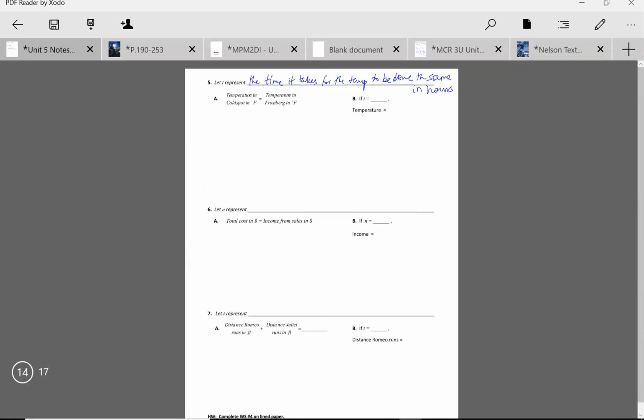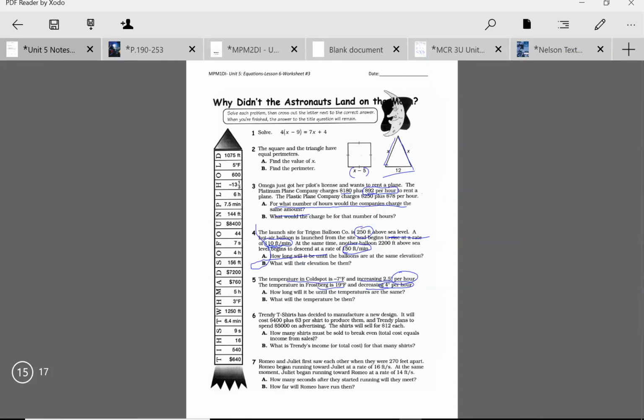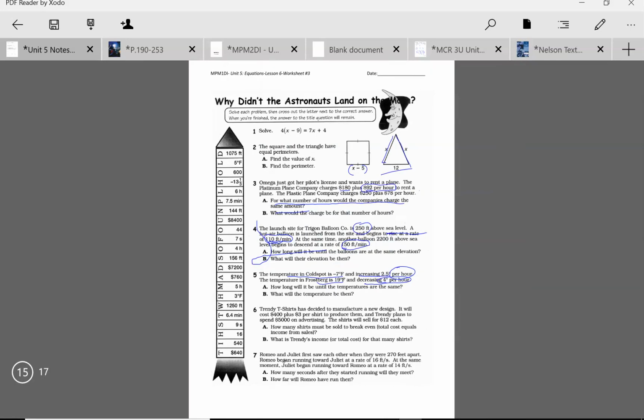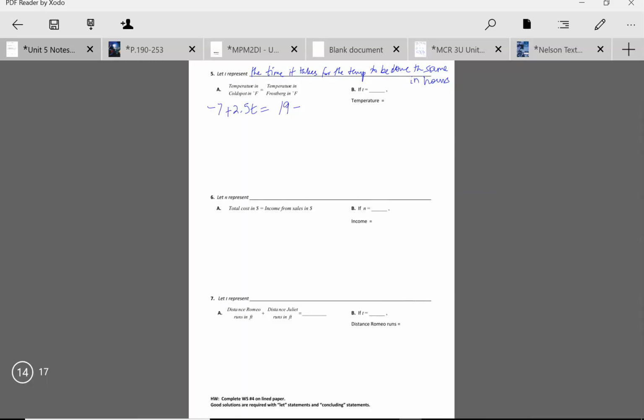Okay, temperature in Cold Spot is -7, but increasing at a rate of 2.5. And Frostburg is 19, but decreasing at a rate of 4.